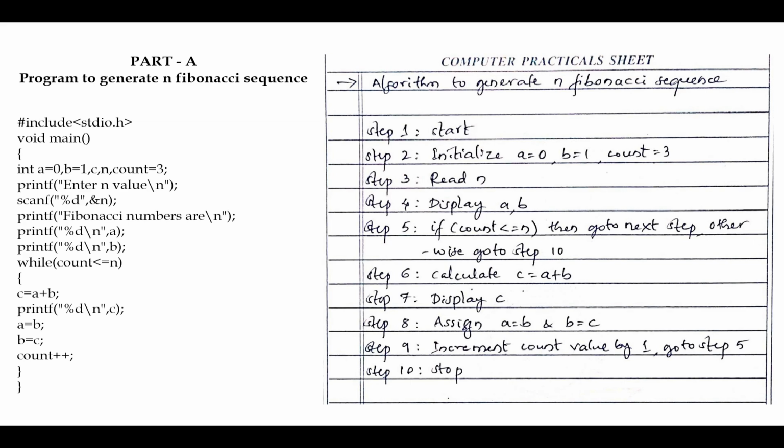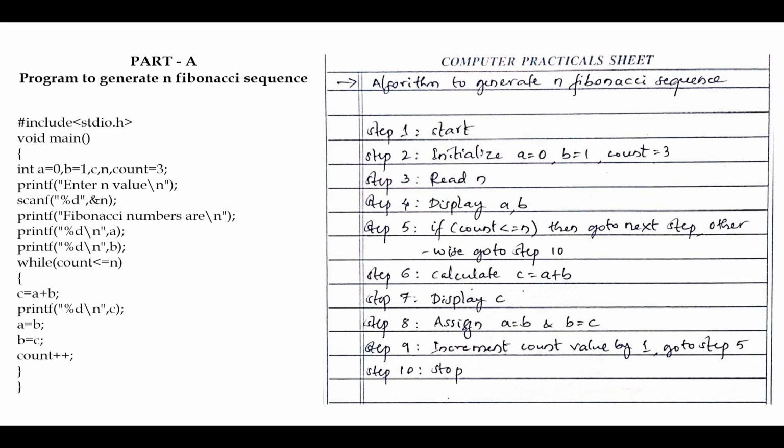We enter the n value. First we print the a and b values, and using the loop we calculate the third value using c equal to a plus b and print it on the screen, and we assign a equal to b, b equal to c, and count it every time.